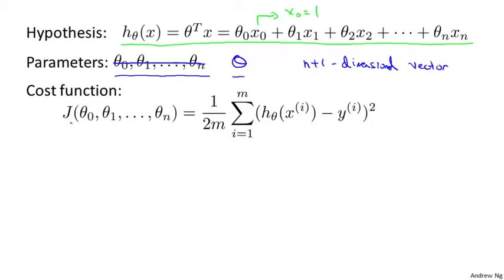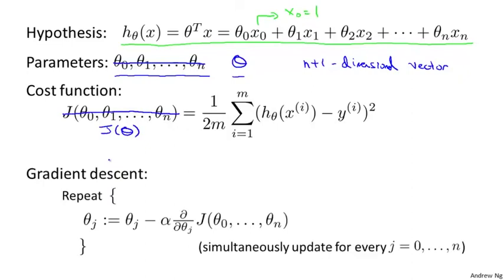Our cost function is J of theta 0 through theta n, which is given by this usual sum squared error term. But again, instead of thinking of J as a function of these n plus 1 numbers, I'm going to more commonly write J as just a function of the parameter vector theta, so that theta here is a vector. Here's what gradient descent looks like.